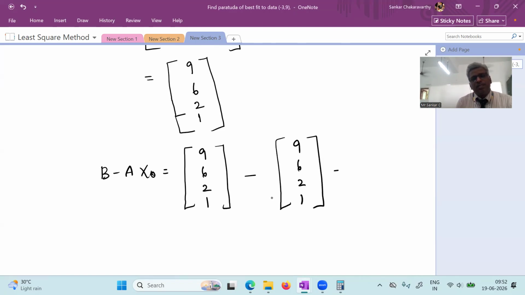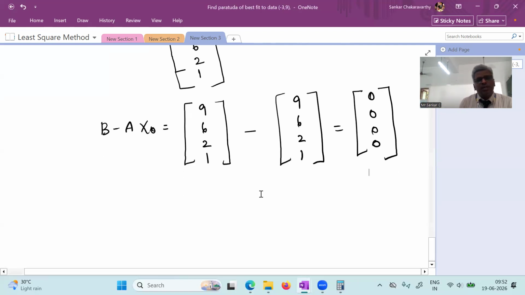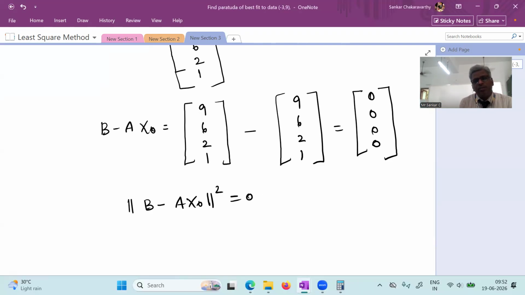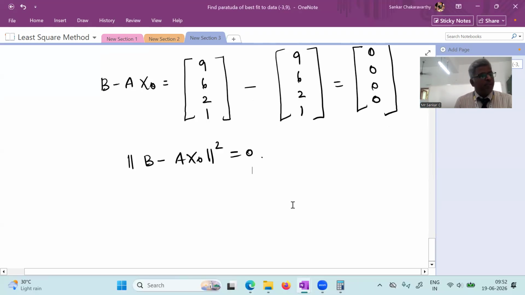So by subtracting the corresponding elements here, we are getting 0, 0, 0, 0. And this is the least square error of this vector. Therefore, it becomes gamma p minus ax naught square is zero, and it is the second problem as well.